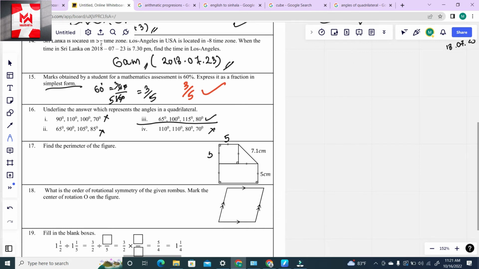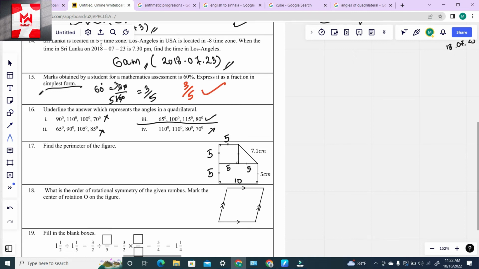Therefore this should be 5, this should be 5, and because we want to find this one, 5 plus 5, this should be 10.